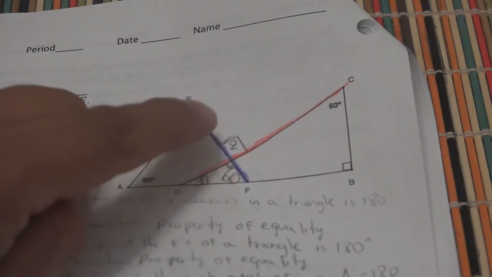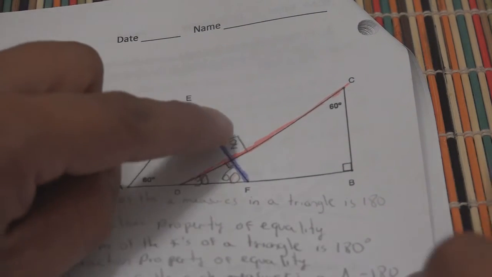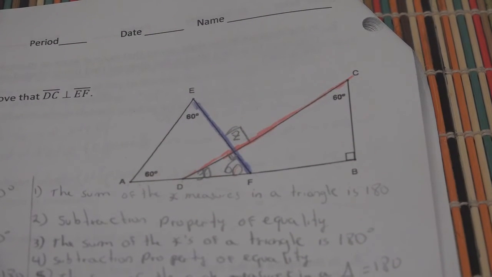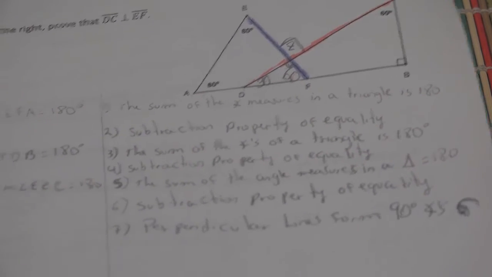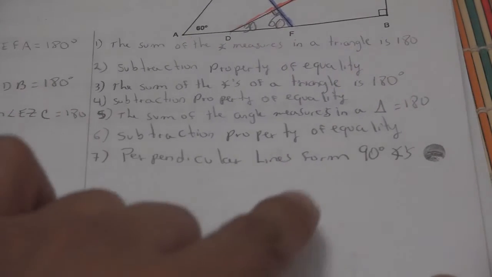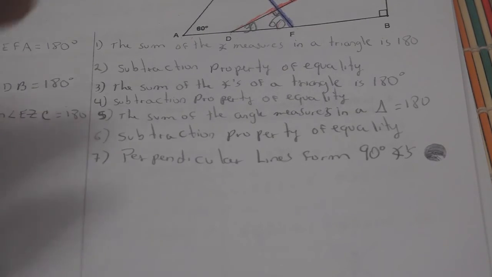And if this is 90, this has to be 90. And therefore, if this is 90 degrees, the lines have to be perpendicular because perpendicular lines form 90 degrees. That's basically what I said, that DC is perpendicular to EF because perpendicular lines form 90 degrees. That's the only way. All right, you're capable of doing this. I believe in you. All right, let's move on.